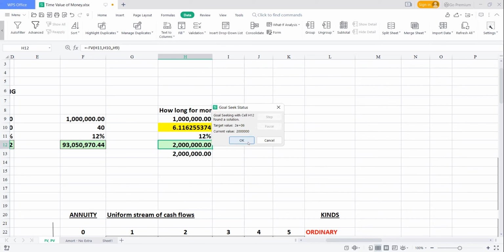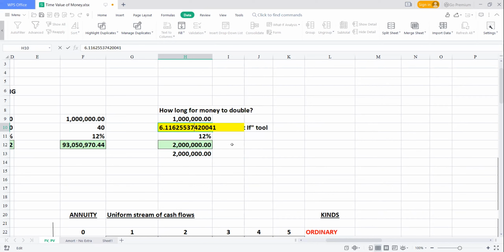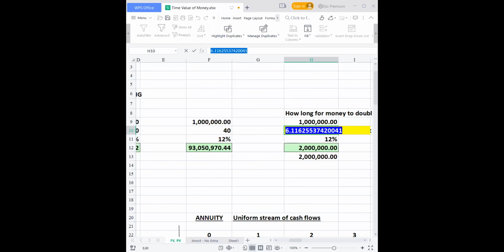Interesting. Yeah, your process is correct. But we're getting different answers. Anyway, they're very, very small numbers, so they're actually immaterial.